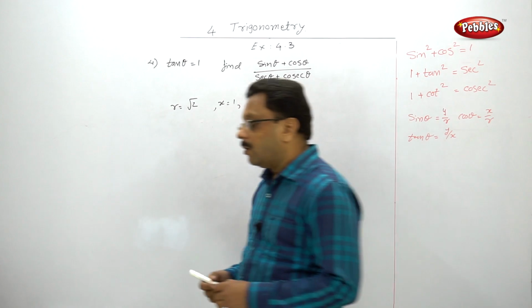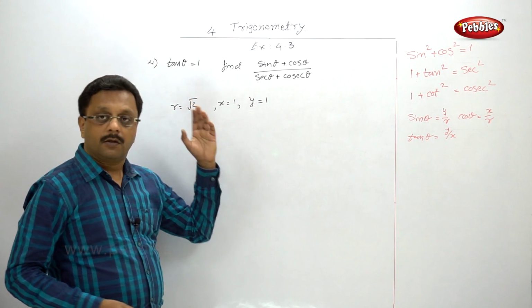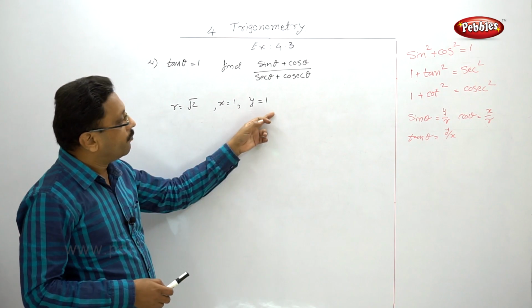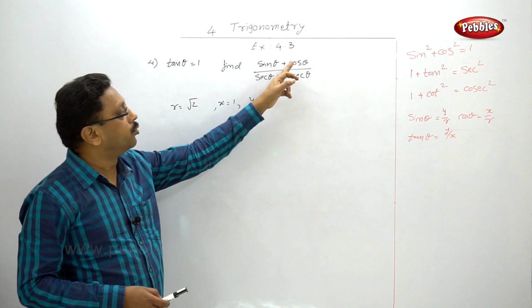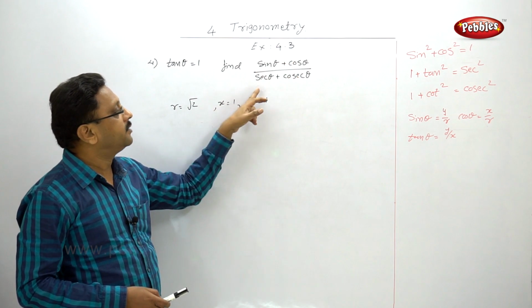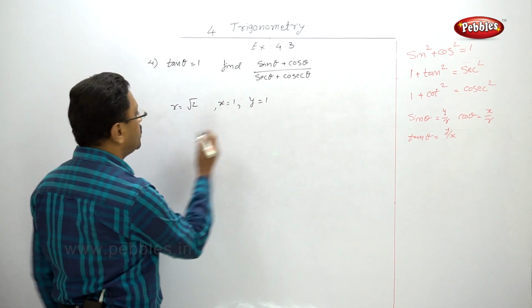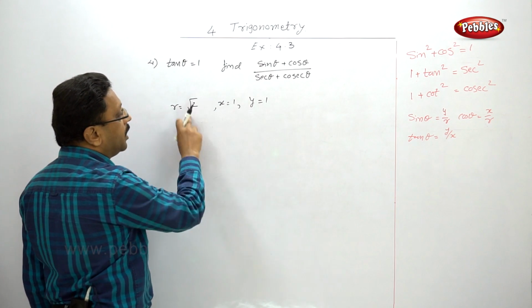Now again the variation comes. You can find out the sine, cos, sec and cosec values. Sine will be y upon r, that is 1 upon root 2. So cos is 1 upon root 2, and sec will be root 2, cosec will be root 2.